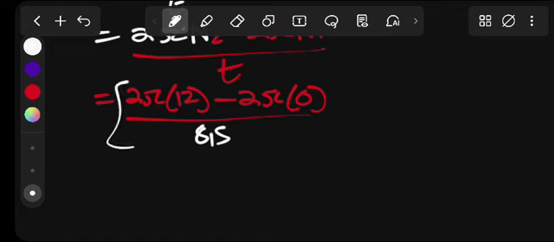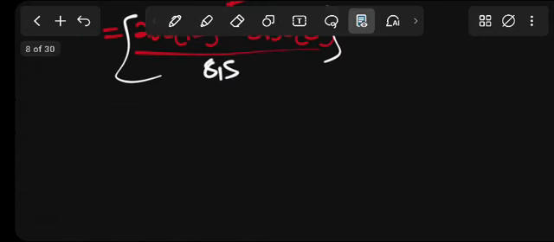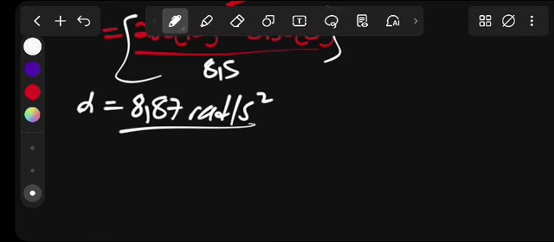So punching this, getting that angular acceleration, we obtain this to be 8.87 rads per second squared.